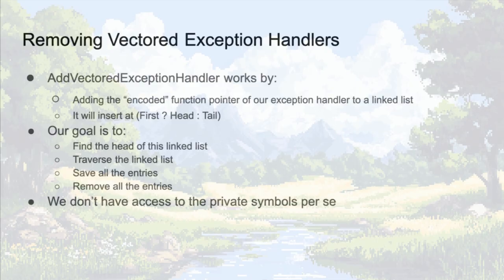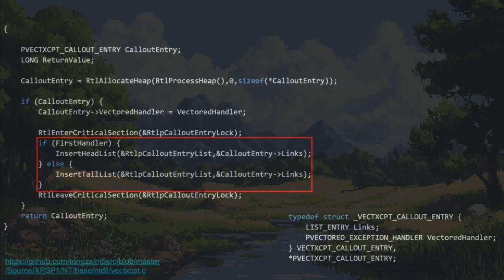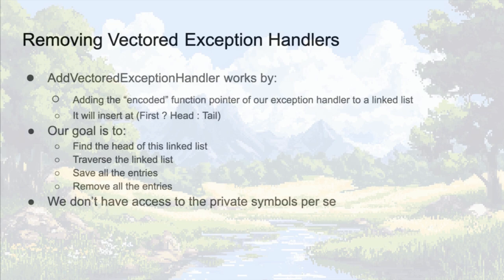But it will insert to either the head or the tail, depending on the value of the first parameter, also named first. So our goal, as previously shown here, is where the list is implemented, which is RtlpCalloutEntryList. But since we don't have access to private symbols, we need another way to obtain the head of this linked list.